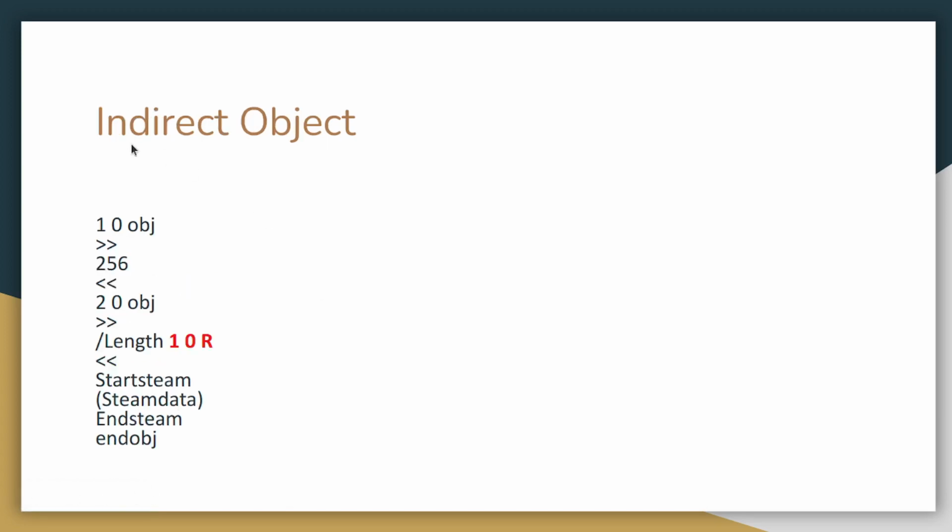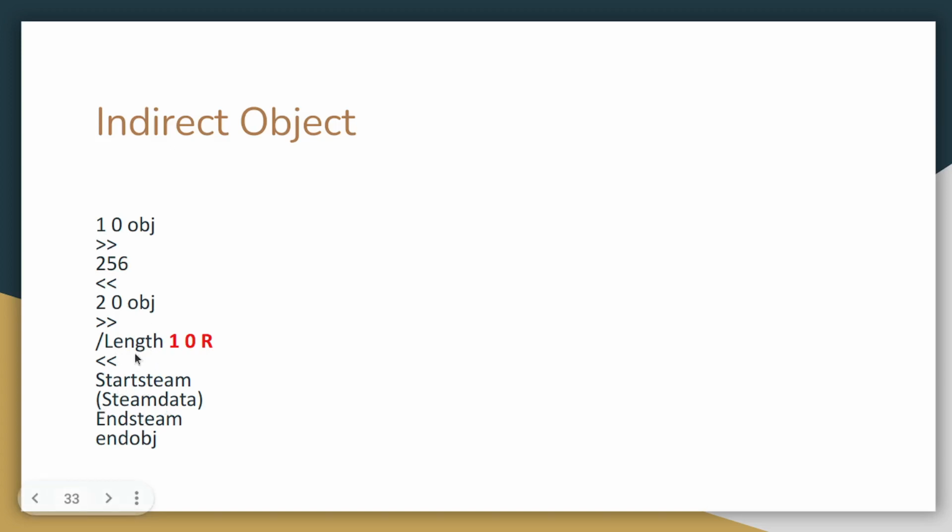So next we have the indirect object. It's the reference objects that I have also covered previously, but let's talk more about it. As we can see here, we have an integer object with ID 1 and generation 0, and the value is 256. So 256 is just an integer object. Now we have to mention the length of the stream data.